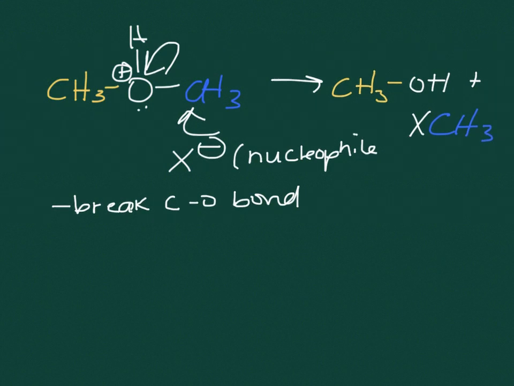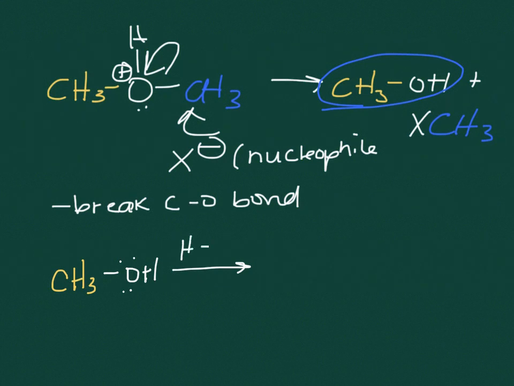A second alkyl halide can then form with the excess acid in the presence of the newly formed alcohol. So the first step of the reaction is very similar to what we saw before. We are going to have protonation of the alcohol.